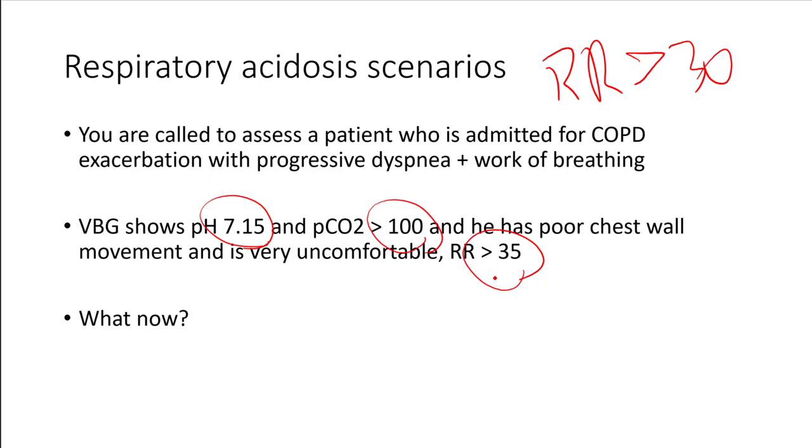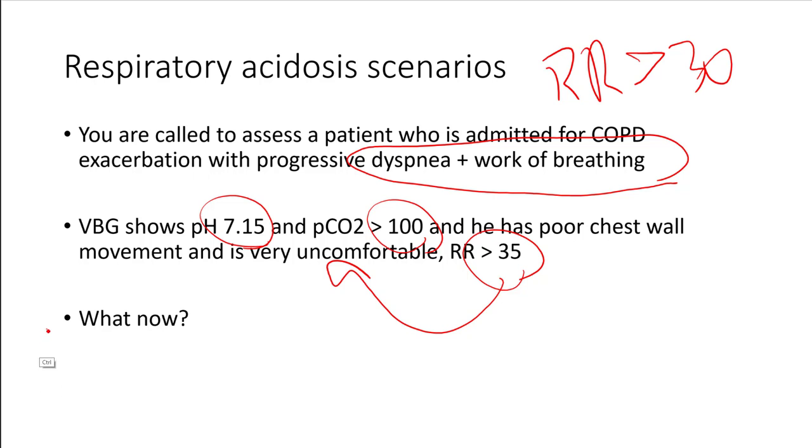And in addition to that, that pH is going to need immediate intervention as well. So what are we going to do here? First of all, the overall respiratory stability is automatically unstable in the context that this patient is extremely tachypneic and using accessory muscles. So this patient needs immediate support. They need, if he's awake enough, a BiPAP for multiple reasons here.